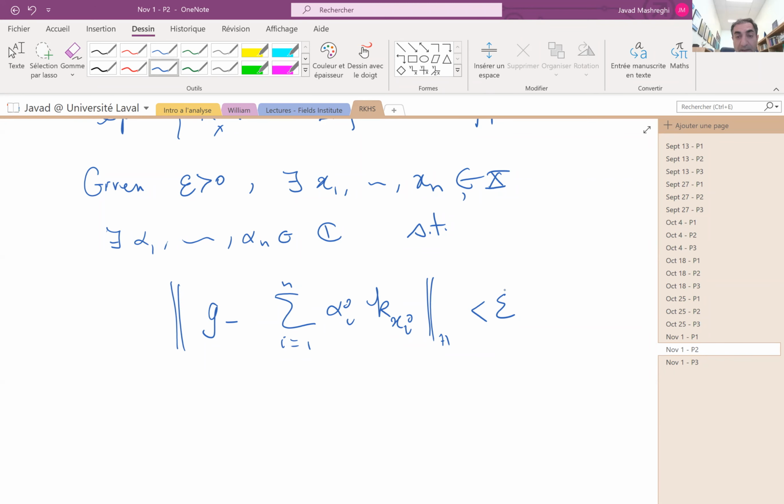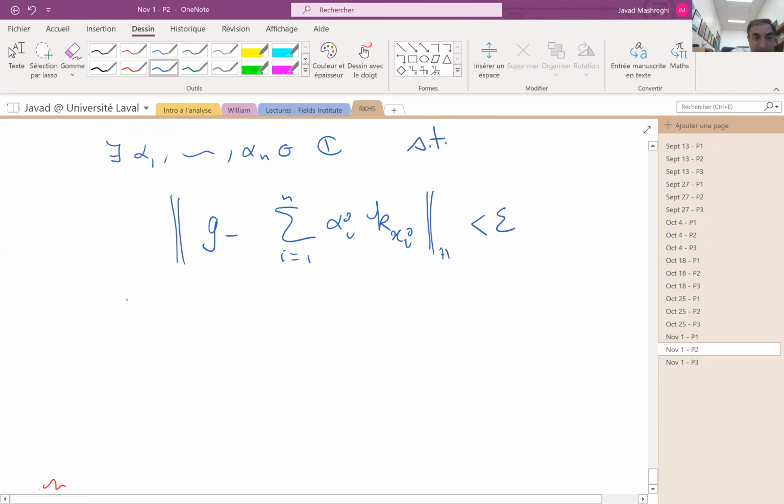True. And look, I don't say that this combination, the sum i from 1 up to n of alpha i k_{xi}, is the projection of g onto F. F is the finite set x1 up to xn, and H of F is, let's call it F0, a span of k_{x1} up to k_{xn}.